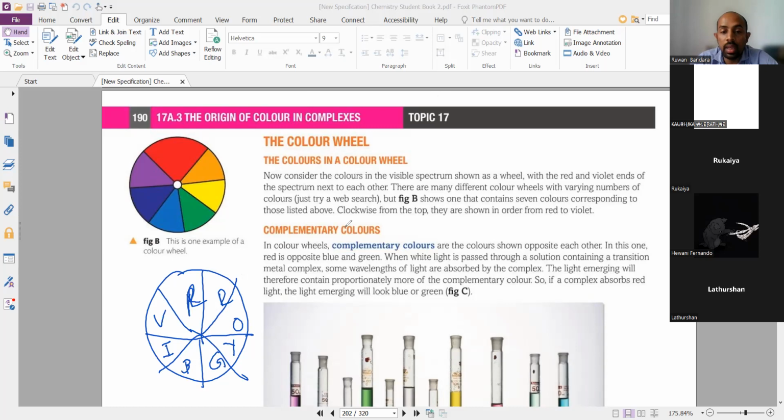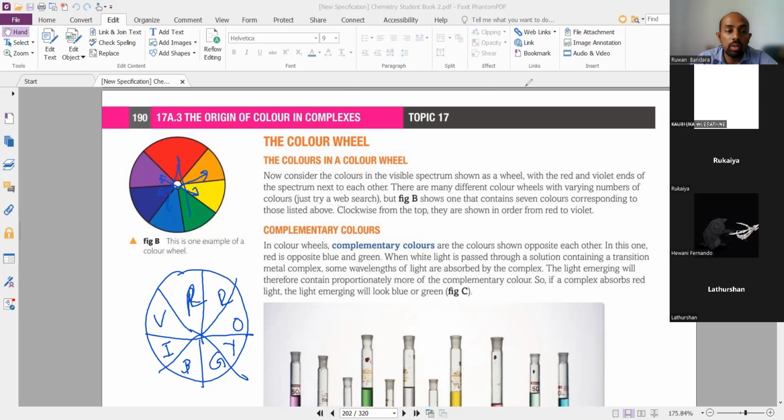Okay. And next I will give time to write, so don't worry. The next important one is how to identify the complementary colors. In the color wheel, colors opposite to each other are known as complementary colors. So yellow and violet, orange and indigo, red and green, are complementary colors.